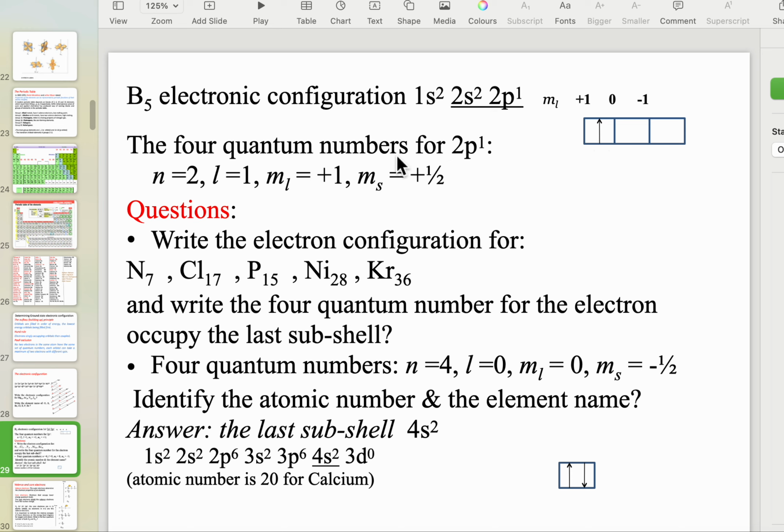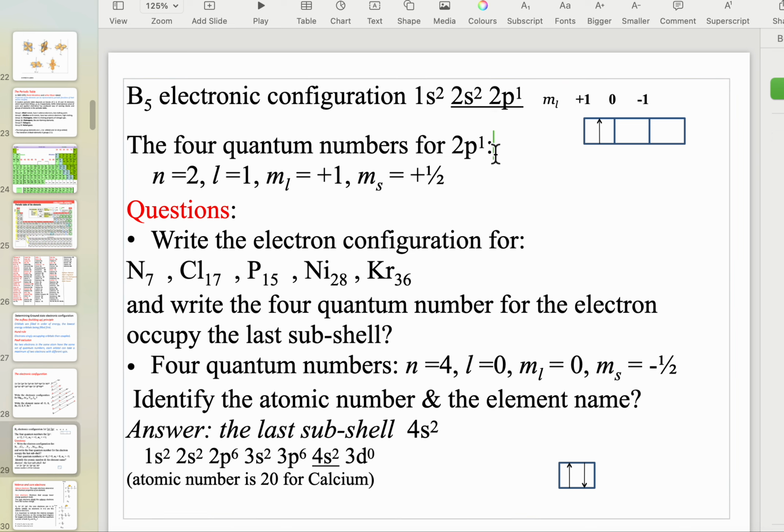So what are the 4 quantum numbers for the 2p1? In 2p1, 2 is the principal quantum number, p is the orbital quantum number, and 1 is the number of electrons, which gives the spin.